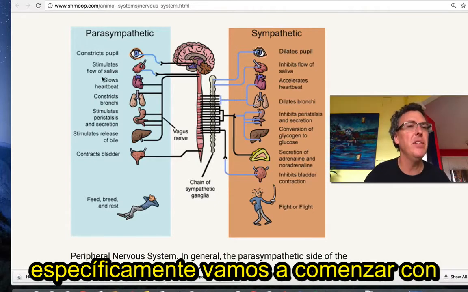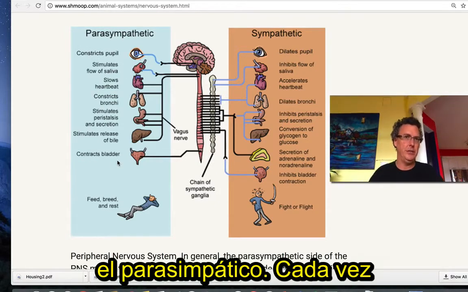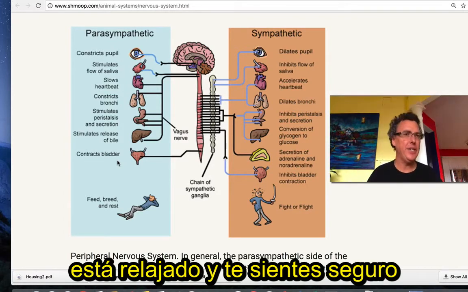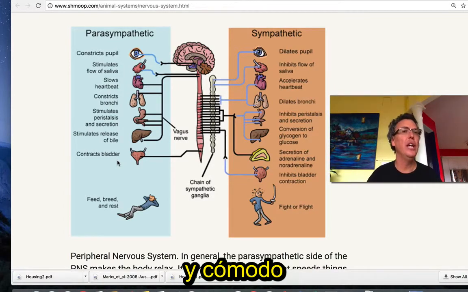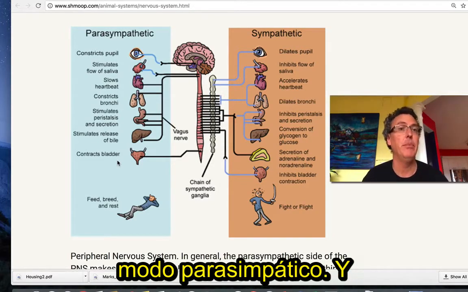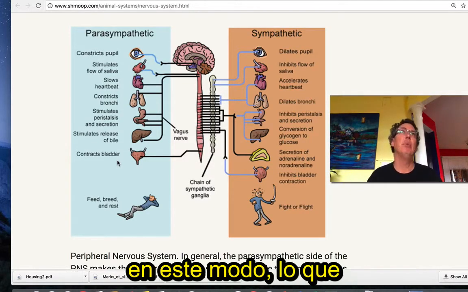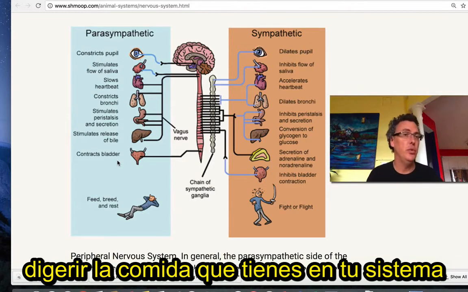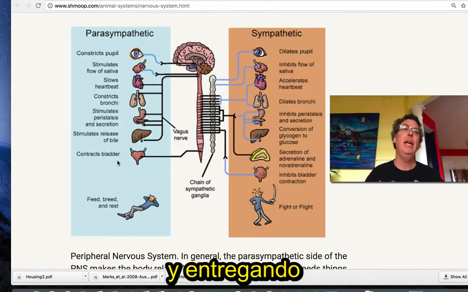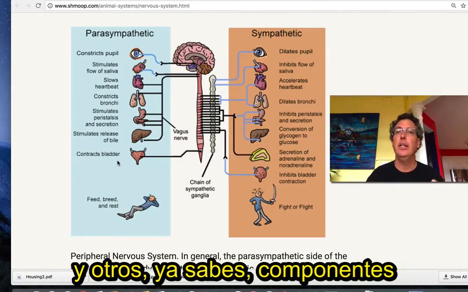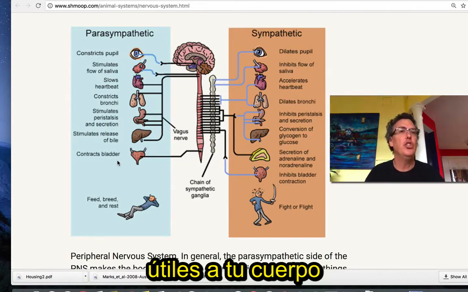Okay, so specifically, let's start with the parasympathetic. Anytime that your body is relaxed and you feel secure and comfortable, your body will enter this parasympathetic mode. And in this mode, what it's mostly doing is digesting the food that you have in your system and delivering all the nutrients and oxygen and other useful components to your body.